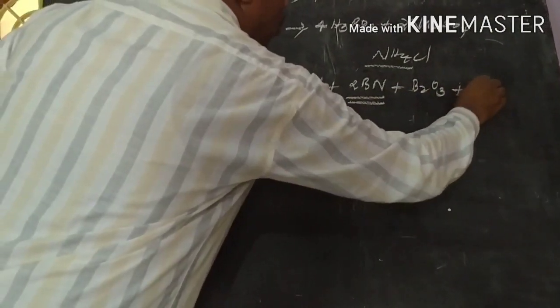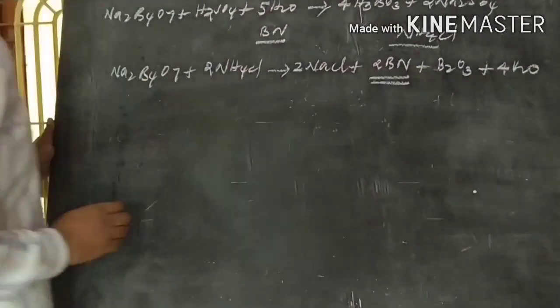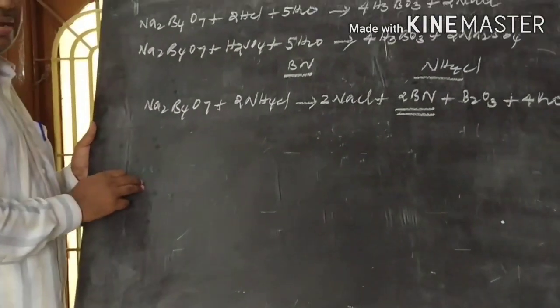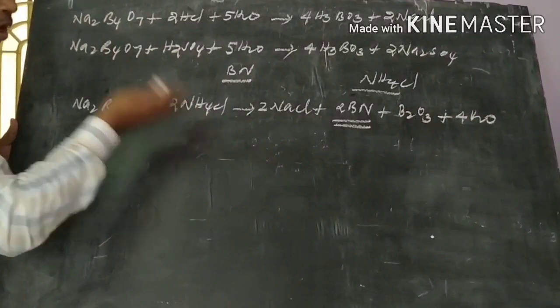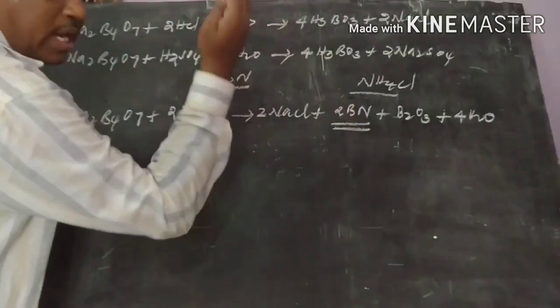Also 4 moles of water are produced. Borax reacts with ammonium chloride to give boron nitride.